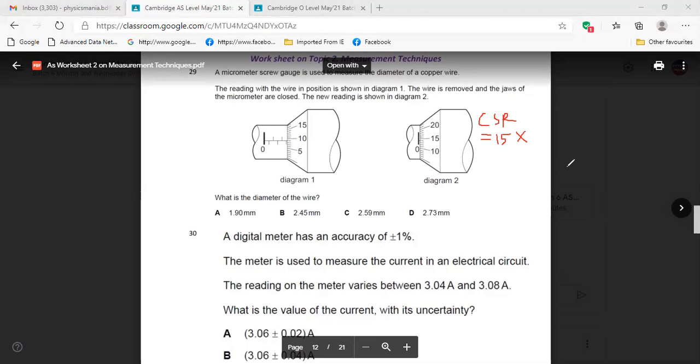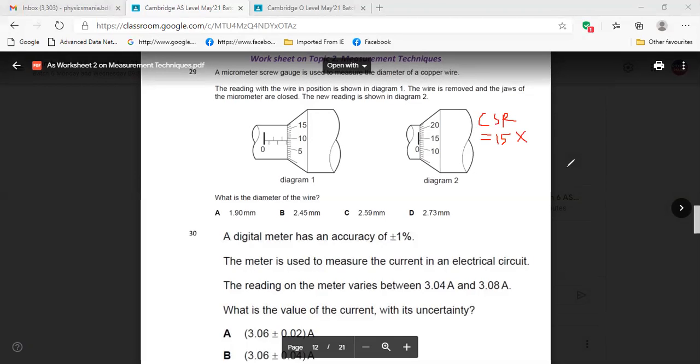With a ruler you can measure till 1 millimeter, right? Yes, sir. And with the vernier calipers, you can measure till 0.1, right? Yes, sir.